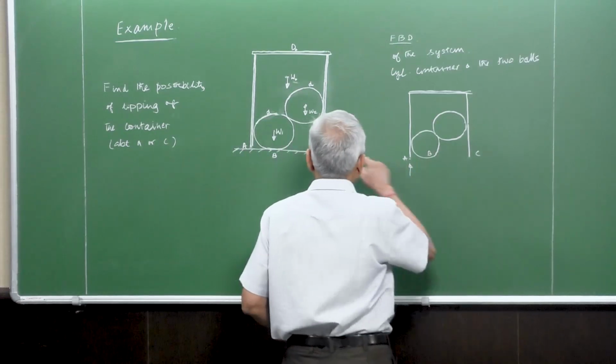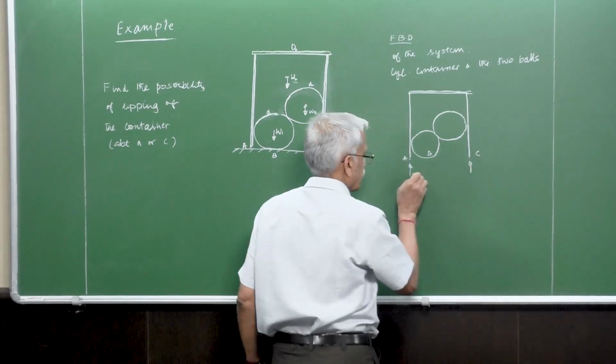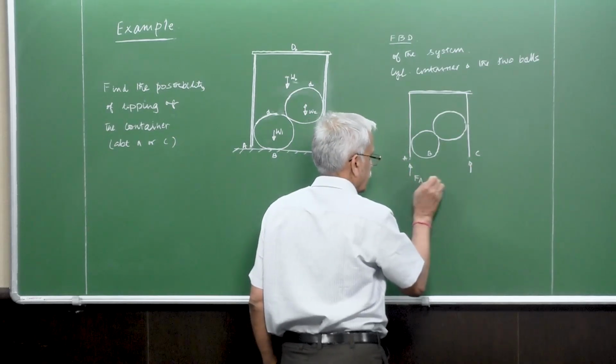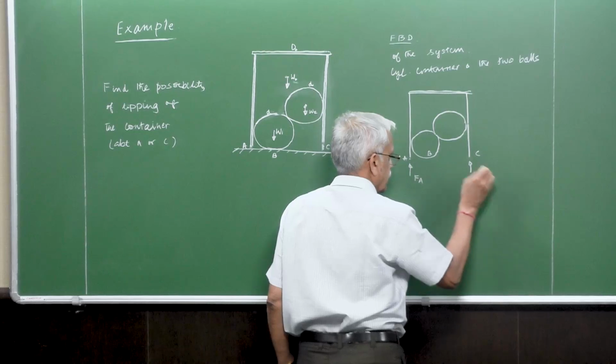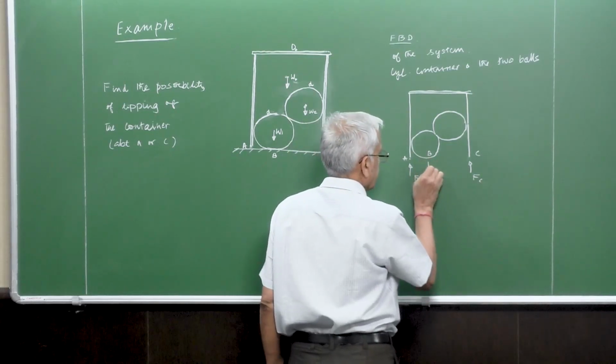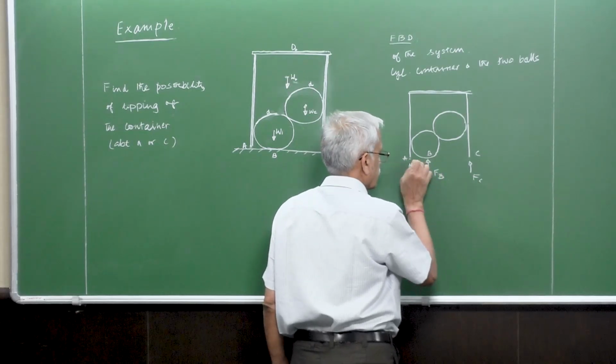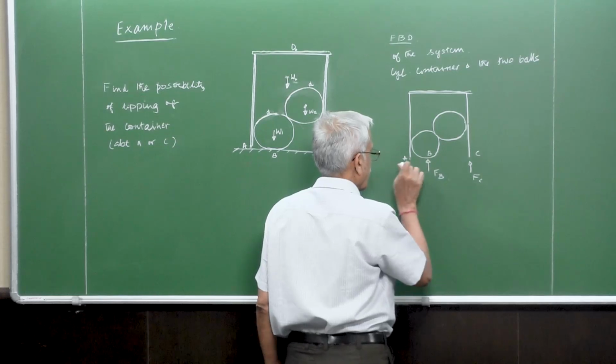So we are separating these things from the ground, and so we have FA and FC touching here, as well as the ball B also touching the ground.